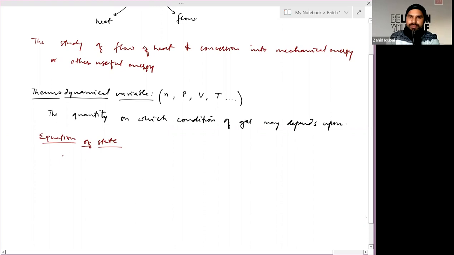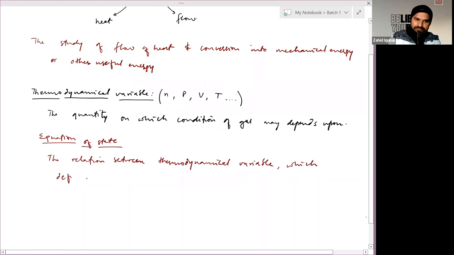It's simply an equation between thermodynamical variables, such as number of moles, pressure, volume, temperature, which defines the process or condition of gas at any instant.